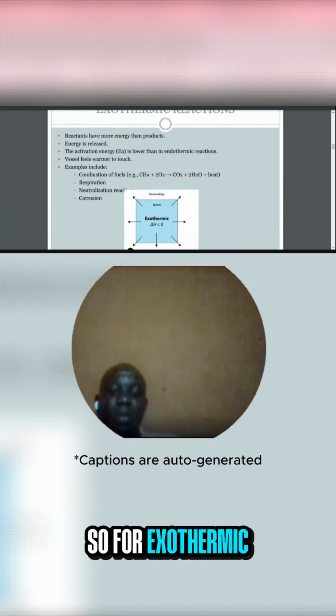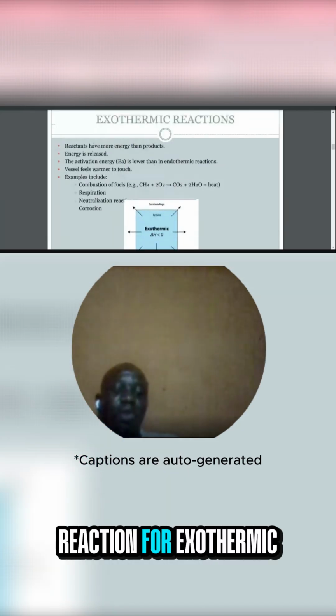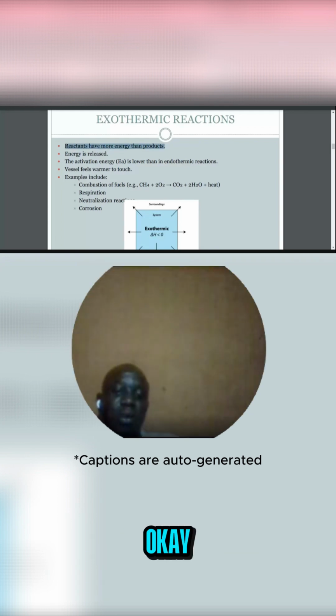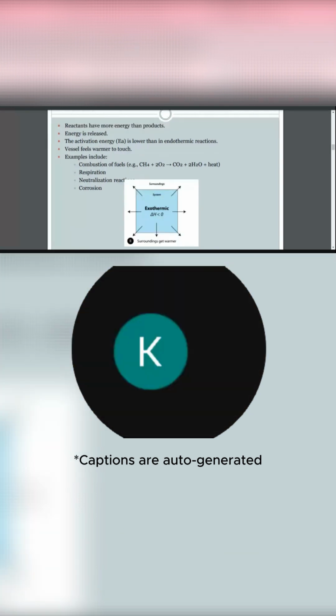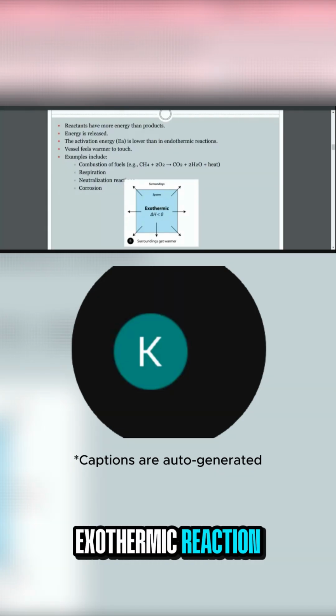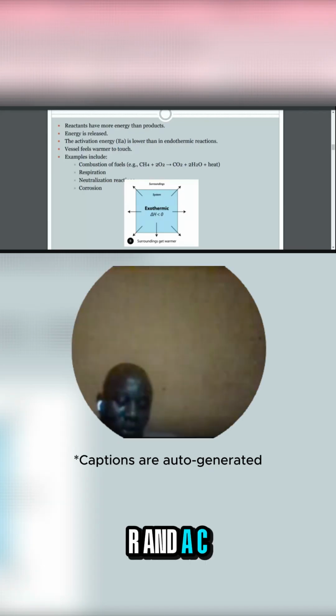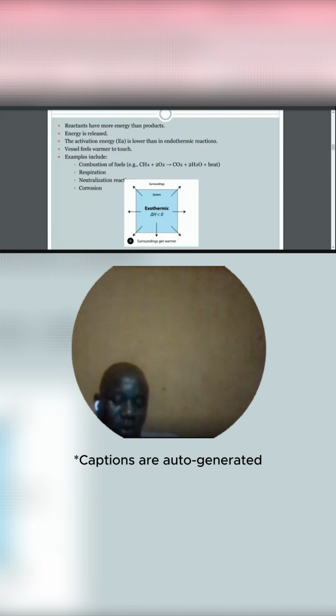So for exothermic reactions, I have a question. Okay. The work of our AC, can we call it an endothermic reaction? An AC will take heat from the surrounding.